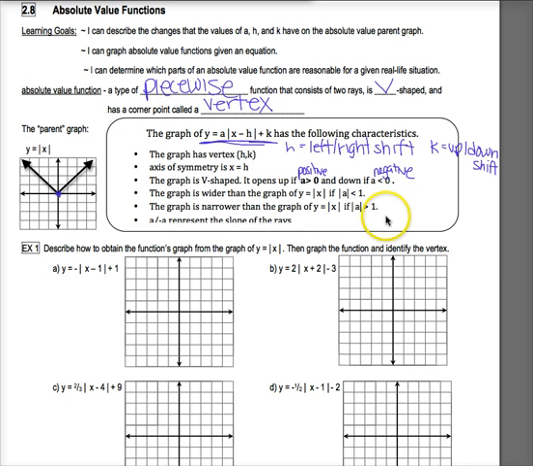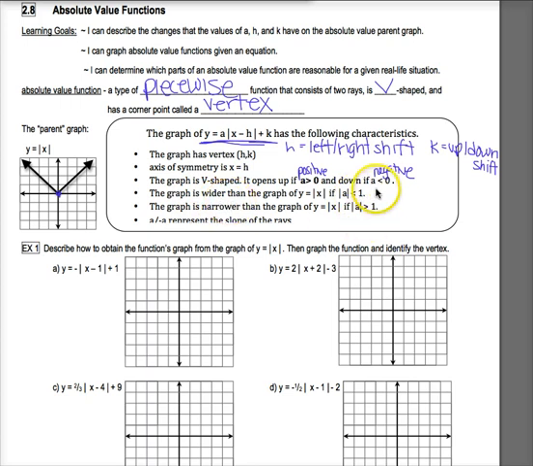Now, we also need to know what the effect of the value of A is going to be. So we know what the positive or negative part does, but we need to know what the value does because there's a difference between having a 5 out here and having a 2 out here. What those values do is what I have next. The graph is going to be wider if the absolute value of A is less than 1.